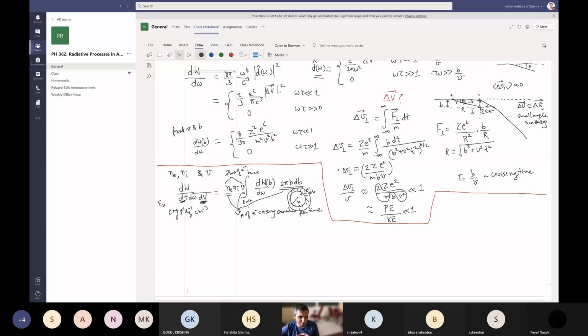Now the question is, what do we put for this B min and B max, the range of impact parameters? We were assuming small angle scattering. So if your B is smaller and smaller, the angle is larger, right? So what is this delta theta?